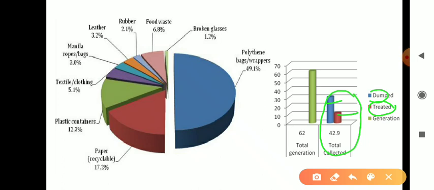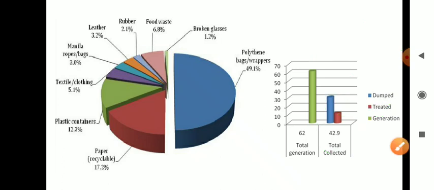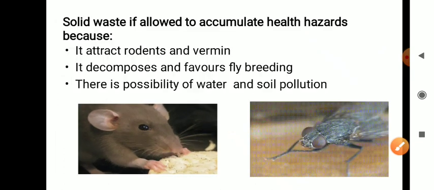Sorry, here the percentage will not be used, metric ton will be used. So if we talk about the deficit between the treatment and the generation, a 20 metric ton deficit has taken place here, so it has to be treated and taken care of.